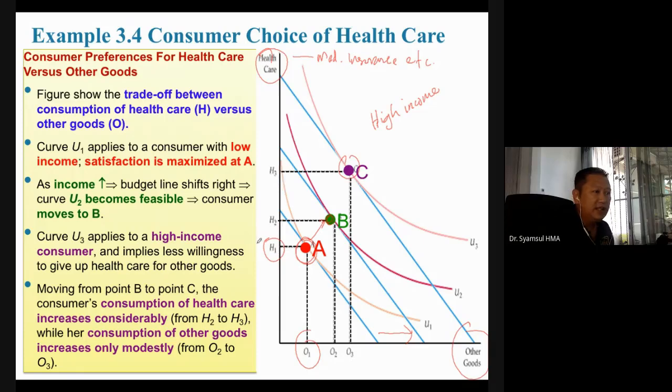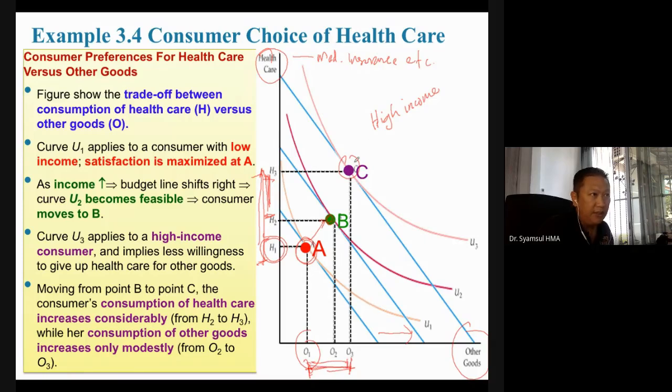So here you can see this one is a big difference from here, but not much of a difference here. Moving from point B to point C, the consumer's consumption of healthcare increases considerably from H1 to H3, while her consumption of other goods increases only modestly.